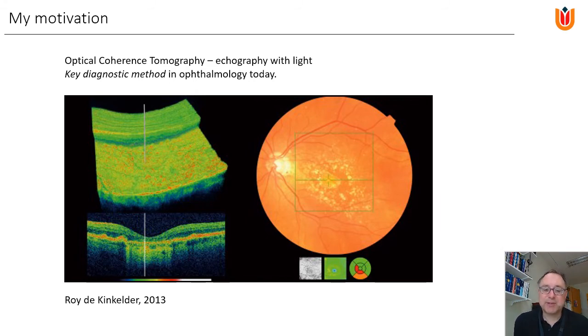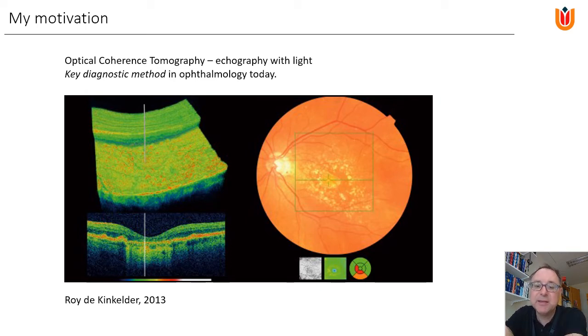For example, what you see in this picture, from a couple of years ago from one of my PhD students, Roddy Kinkeler. On the right-hand side, you see a conventional so-called fundus image, where a photograph is taken of the retina, and you can see some blood vessels over there.